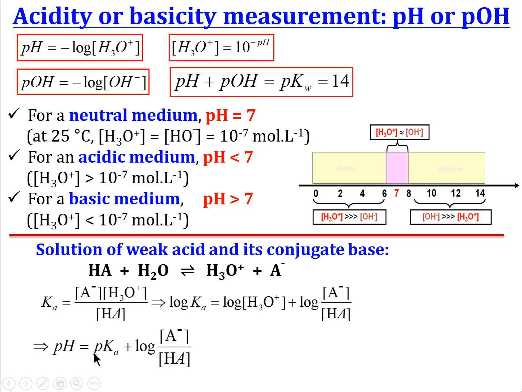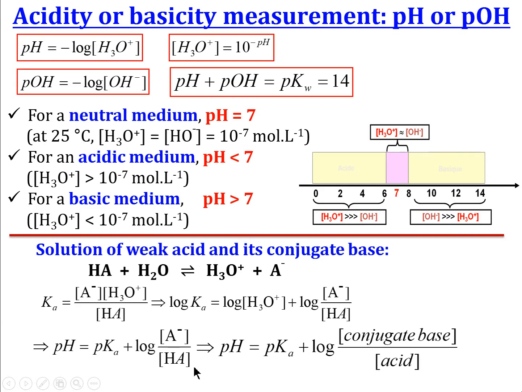So pH equals pKa of the couple HA/A- plus log of the concentration of the conjugate base at equilibrium divided by the concentration of the acid at equilibrium, and this is known as the Henderson formula or Henderson equation.